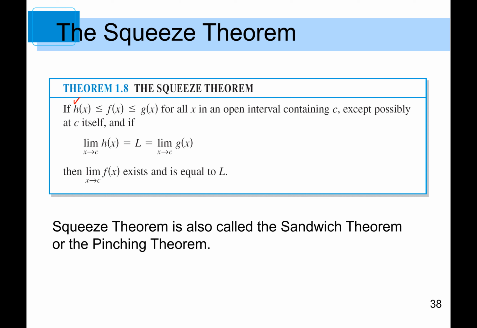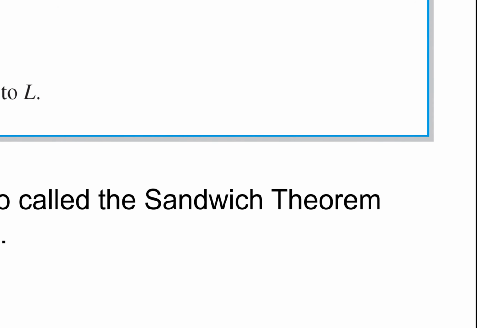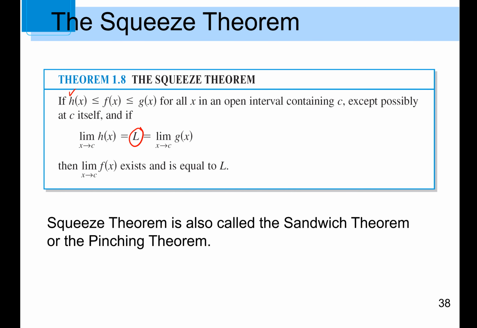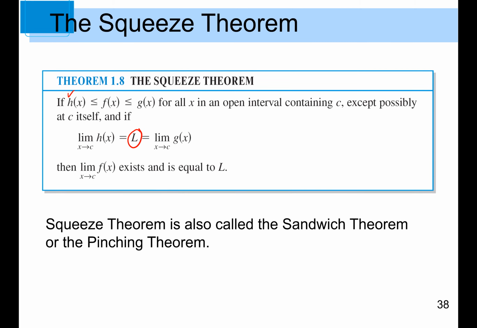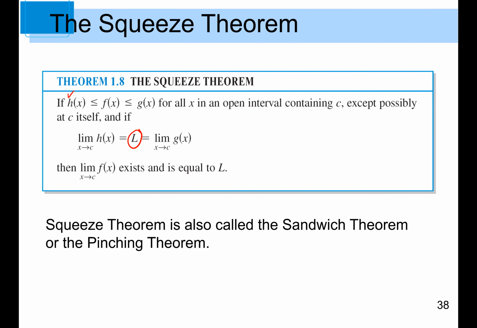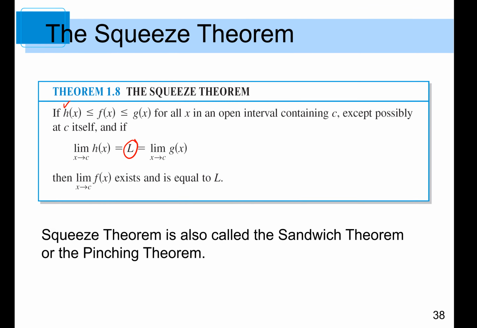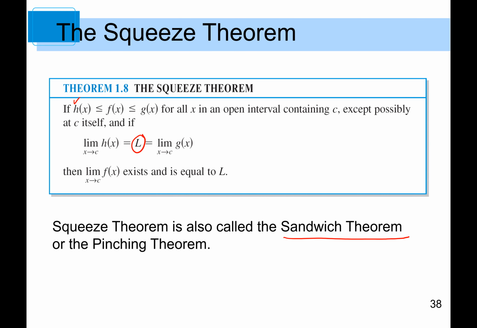Then the limit as x approaches c of h of x equals L, which equals the limit of g of x as x approaches c. The squeeze theorem is also called the sandwich theorem. Basically, f of x is the sandwich, contained by h of x and g of x.